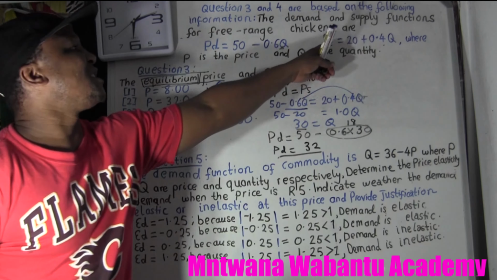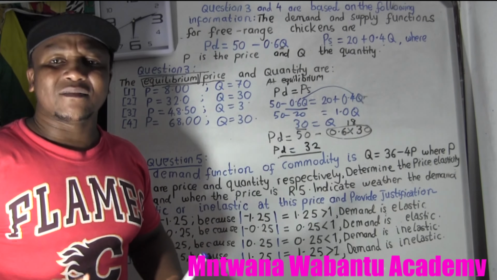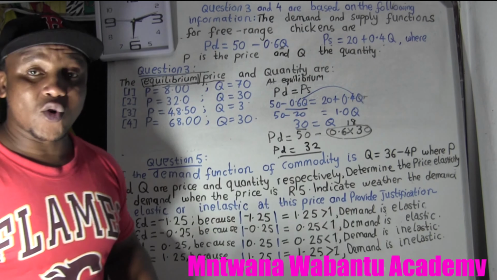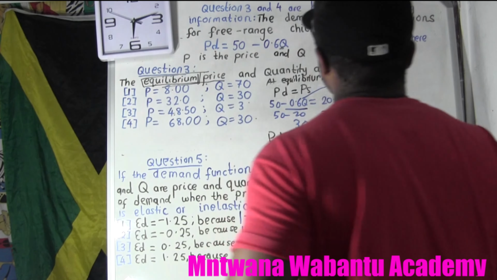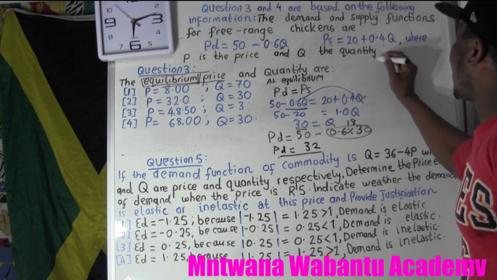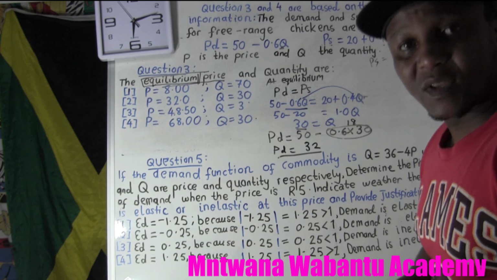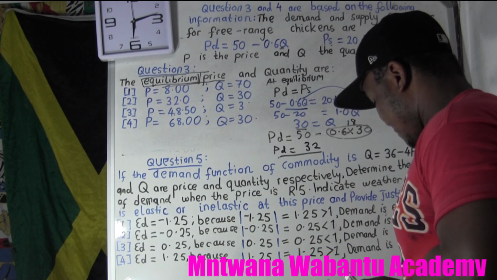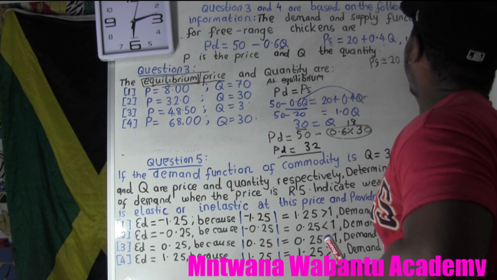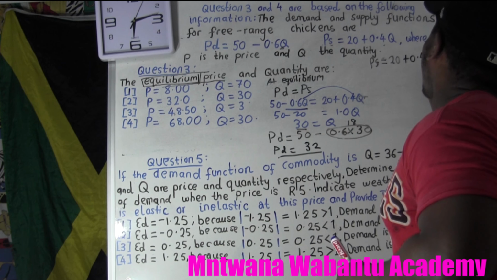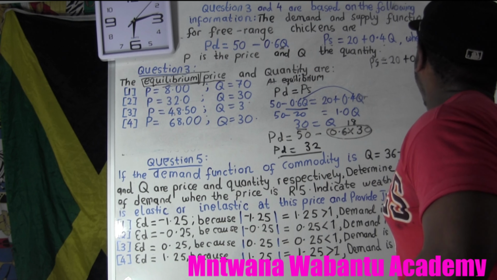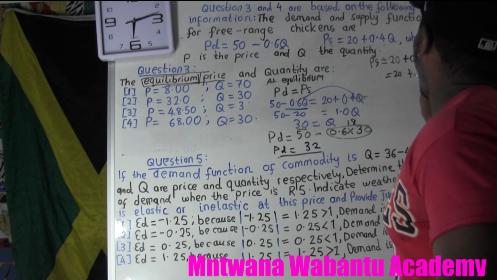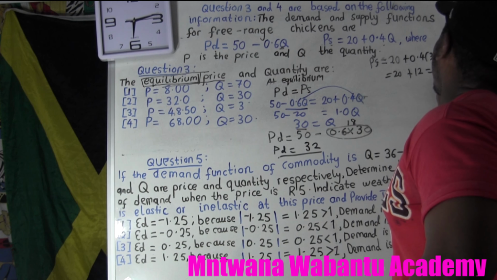Now let's see if the price of supply also gives us the same. It will, but let's do it just for fun. In an exam, don't waste time like this. Price of supply equals 20 plus 0.4 times Q, where Q equals 30. 0.4 times 30 equals 12, and 20 plus 12 equals 32.